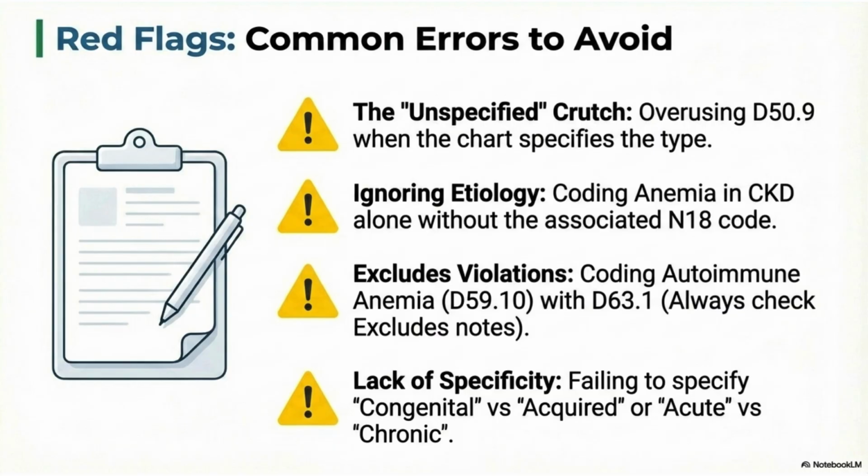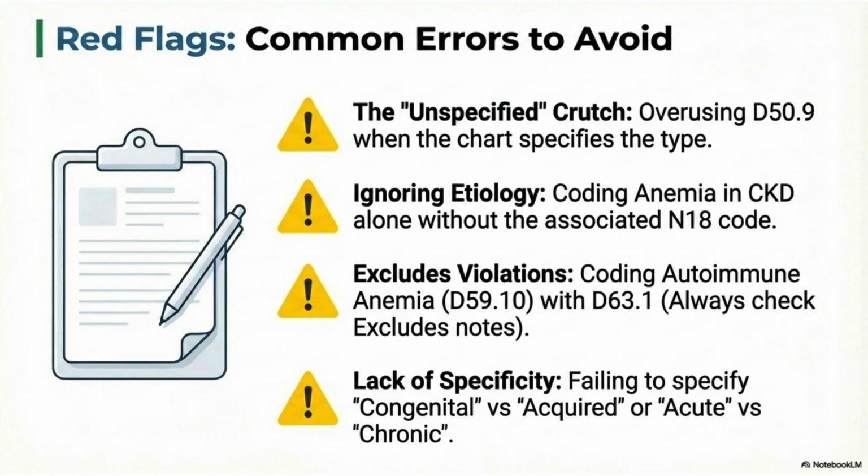Before we wrap up, it's helpful to pause and look at the mistakes that show up most often in anemia coding. These red flags are patterns that can lead to denials, inaccurate data, or incomplete clinical representation. The document highlights several pitfalls coders should watch for. Overusing unspecified codes like D50.9 when documentation clearly identifies the type of anemia is a common issue.